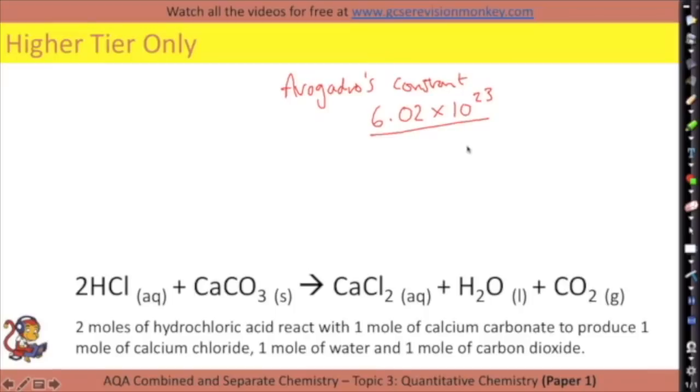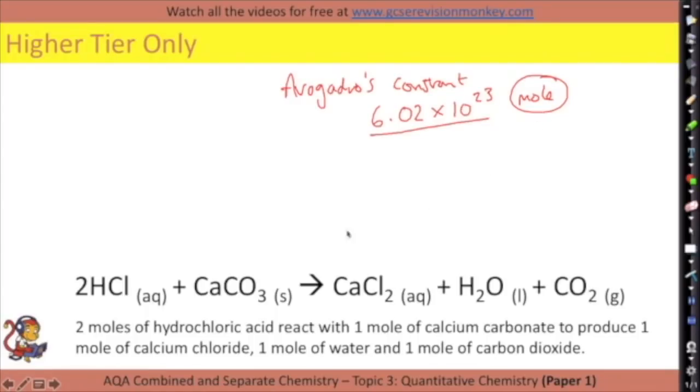It's just like using the word dozen to represent 12. We would say we have a dozen toy cars, for example, rather than saying we have 12 cars. Well, rather than saying we have 6.02 times 10 to the 23 atoms of carbon, we shorten that by saying we have 1 mole of carbon.